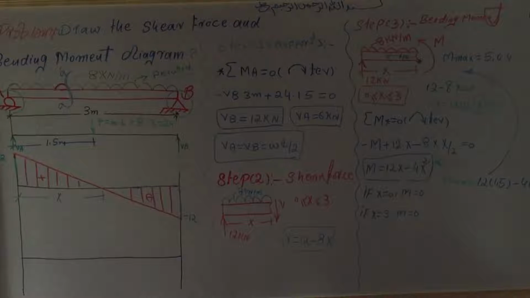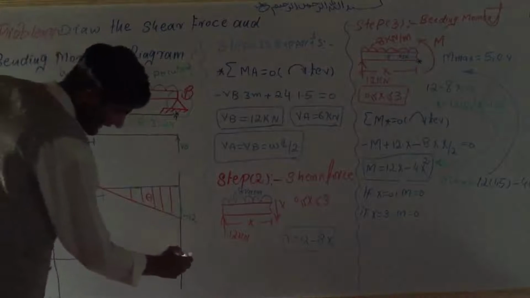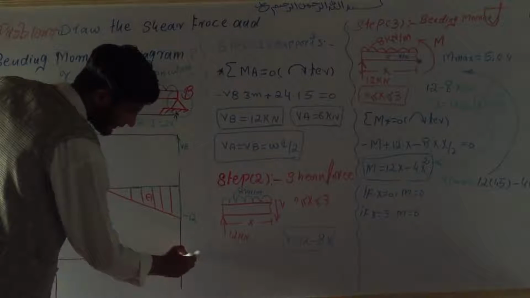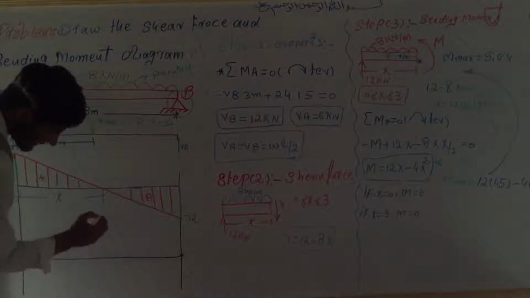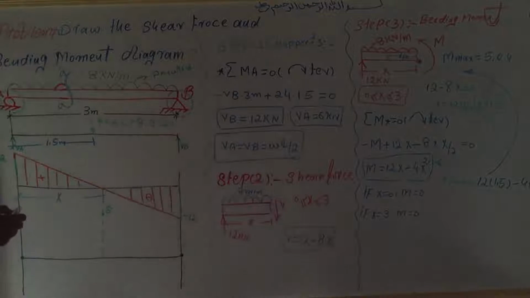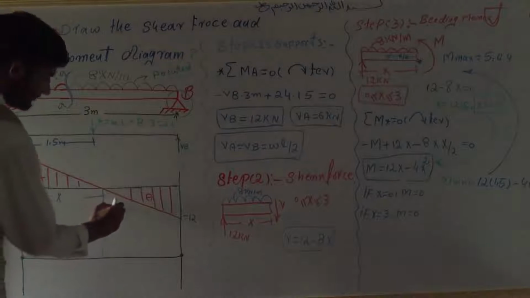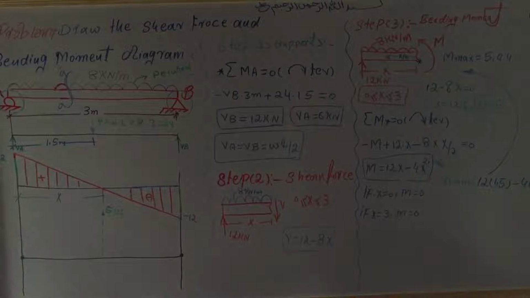So let's draw the bending moment diagram. How do we draw the bending moment diagram? We have two values: when x takes a value of 0, the bending moment is 0. When x takes the value 3, the bending moment is also 0, and we have the max moment, that is 5.04. So let's draw the bending moment diagram.